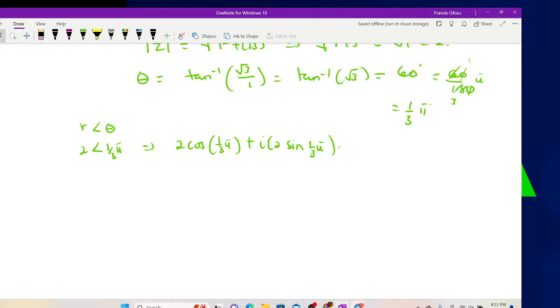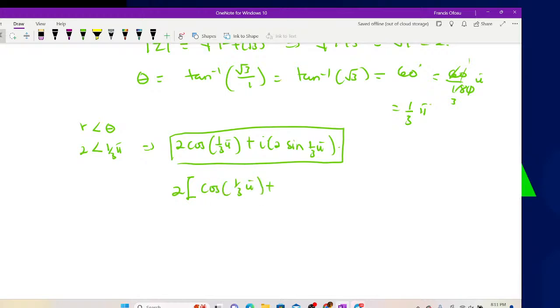Leaving it this way is enough, but it's good to factorize 2 out, then you get 2 open bracket cos 1 over 3 pi plus i sine 1 over 3 pi. So this is the polar representation of the complex number given.